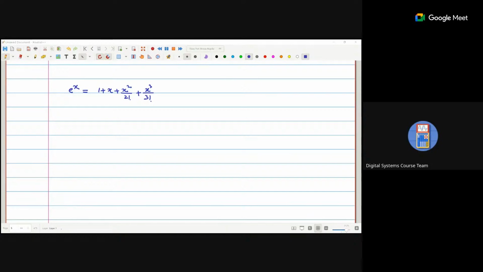Okay. Here it is mentioned round to the 4 decimal place.